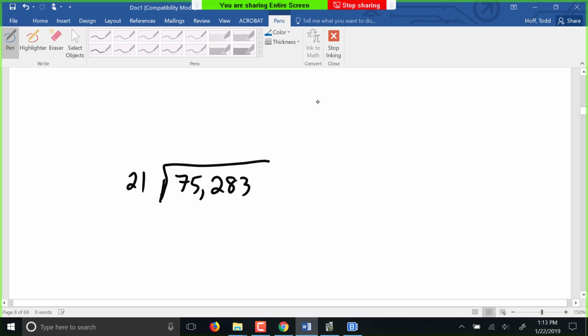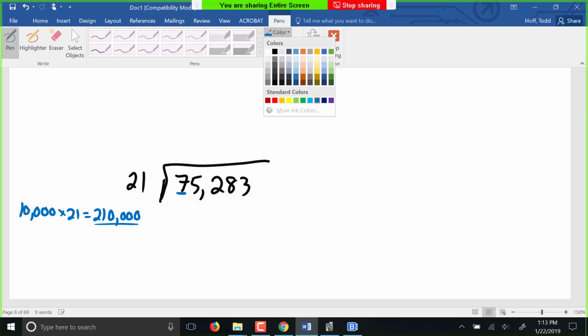How do I know how big of a bundle? I look at my place values of the number being divided. What's the place value of that 7? 10,000. Good. What is 10,000 times 21? 210,000. Can I subtract that from 75,000?